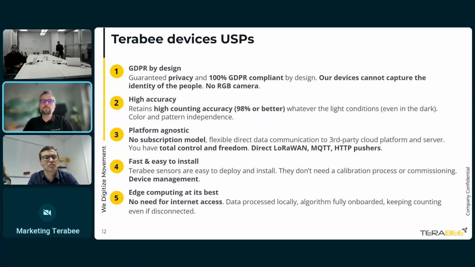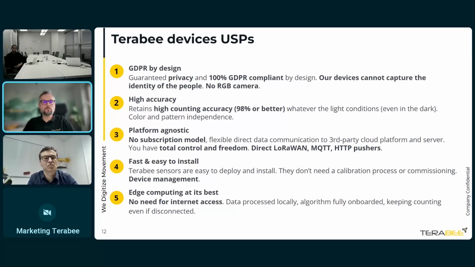So basically at Terabee, we have two types of sensors, the people flow counting and people occupancy sensors. And they all share our biggest USPs across the whole product line. First of all, as Philippe mentioned, we are the time of flight company.